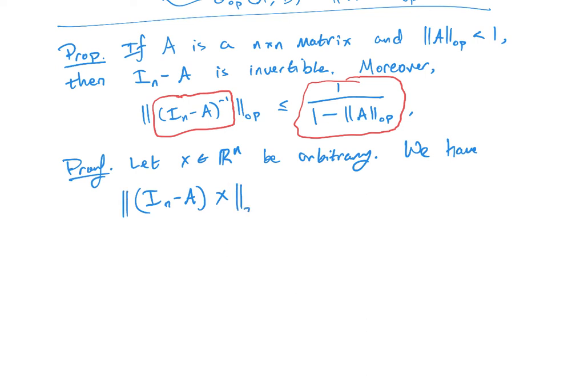So it would suffice to consider the 2 norm. If we can show the 2 norm can only be 0 when x is already 0, then that's good enough. Now let's play around. Let's expand the inside here. That's just x minus ax, right?